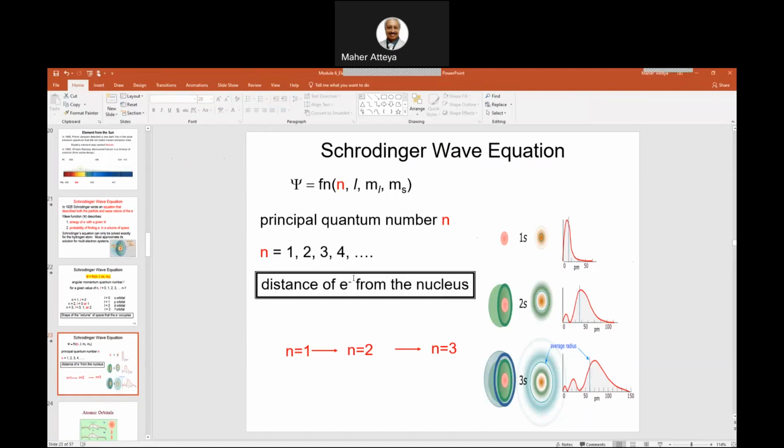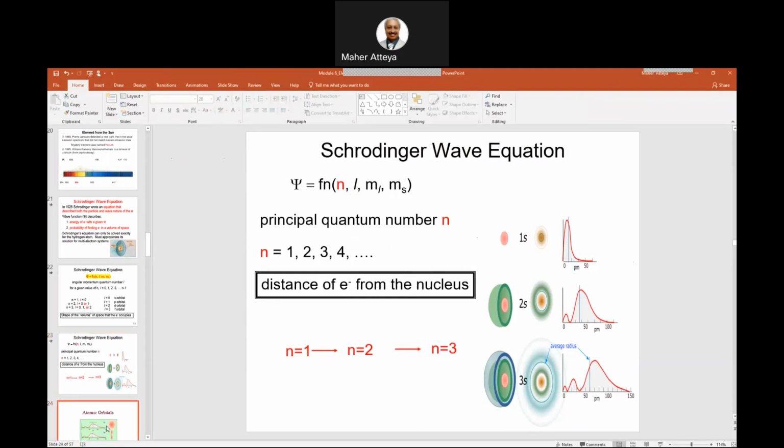It gives us the distance of the electron from the nucleus, but not really the distance per se. It gives us the energy of this electron density spinning around the nucleus. So n, the principal quantum number, which is given as the distance, is really the energy of the orbitals the electron density is found in.